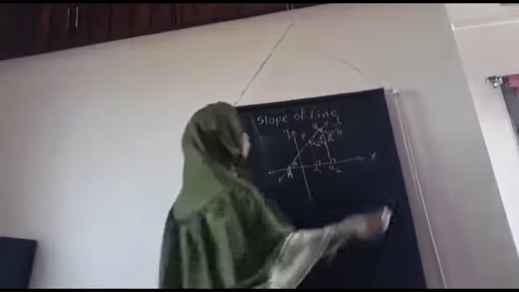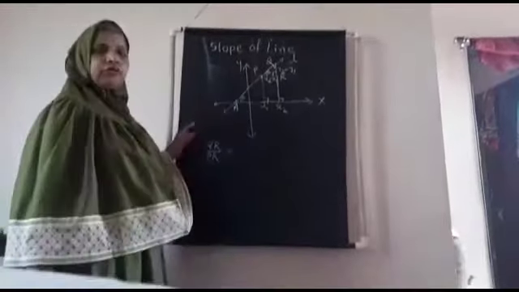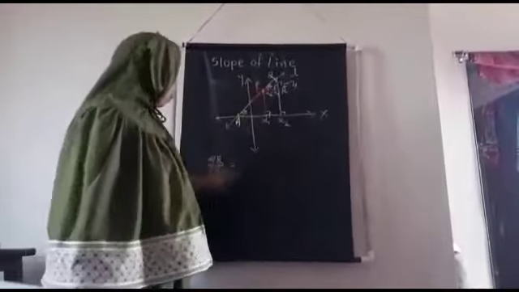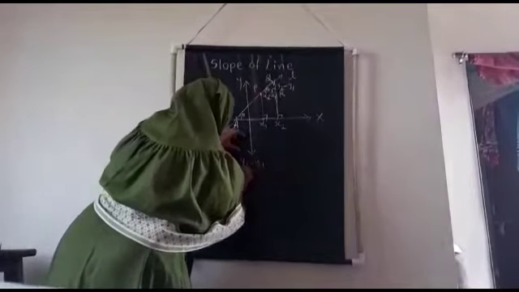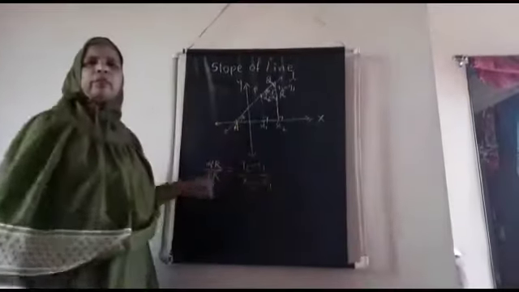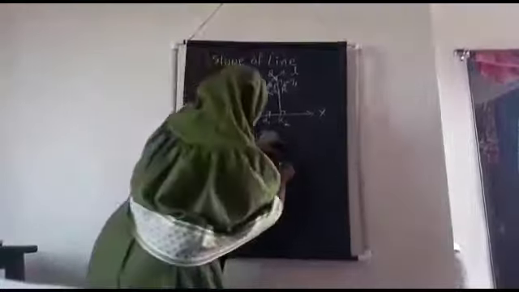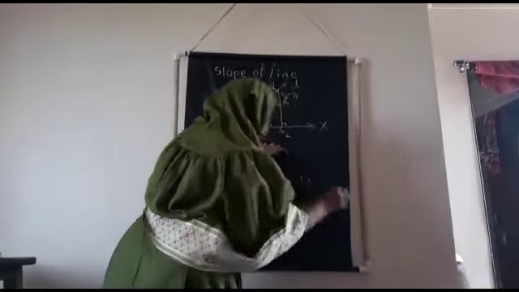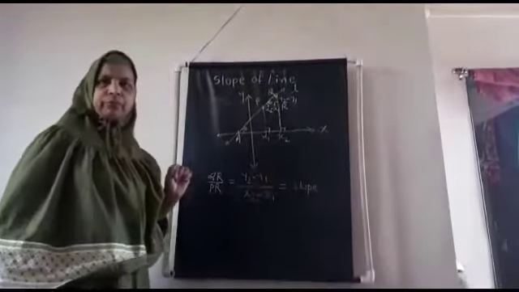Now let's take the ratio of these two distances. The ratio QR upon PR is equal to y2 minus y1 upon x2 minus x1. But y2 minus y1 upon x2 minus x1 is equal to the slope. Therefore, our ratio QR upon PR is equal to slope.